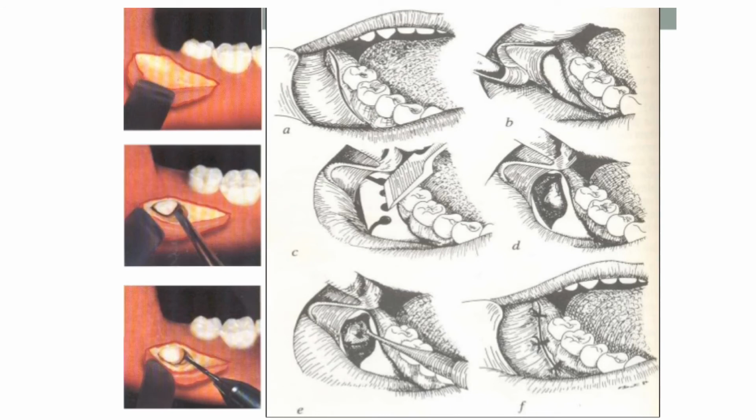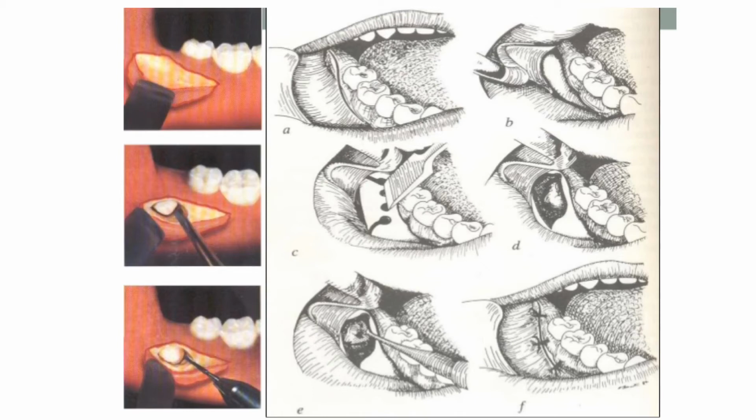So in this picture we can appreciate the steps involved in lateral trepanation technique. Here we can see that crown of tooth is completely impacted within the bone. So the steps involve: after reflection of full thickness mucoperiosteal flap, underlying bone is exposed.